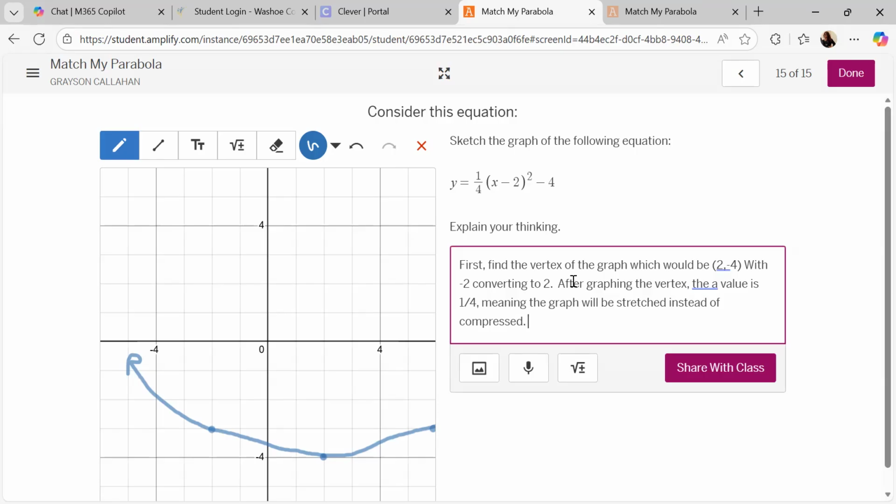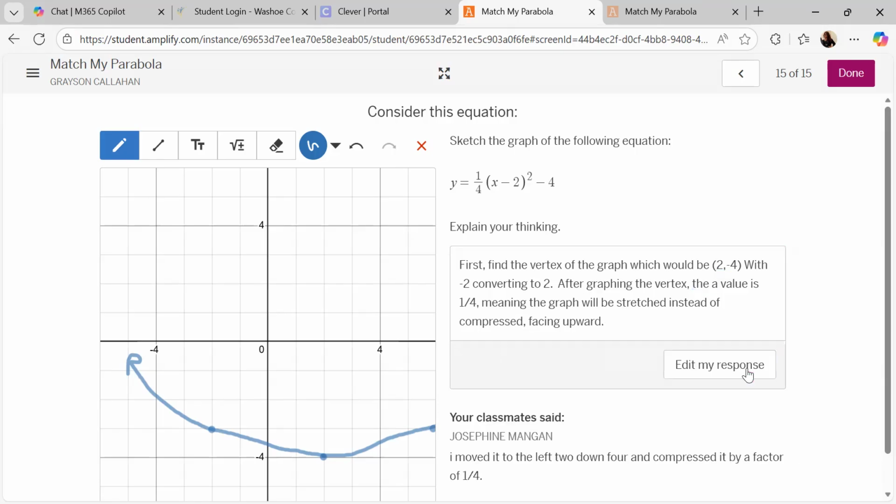That's good enough. And did you say upward? Facing upward. Upward. No, that's it. Yeah, that's it. Good. Okay, we're done.